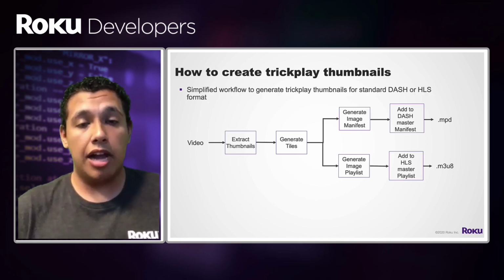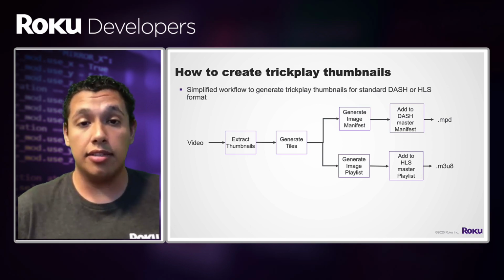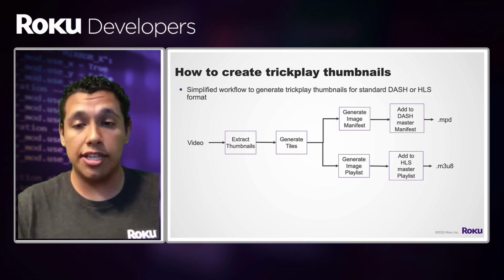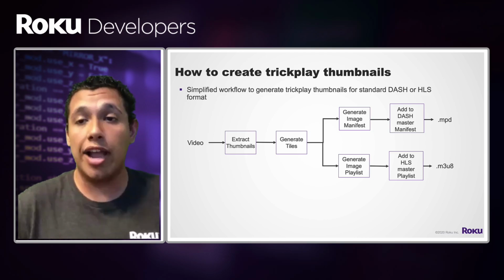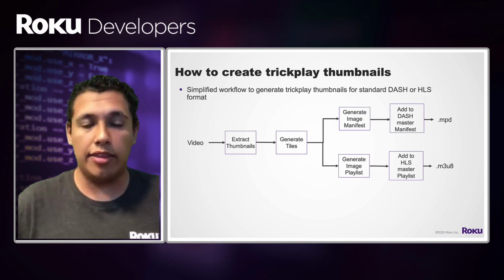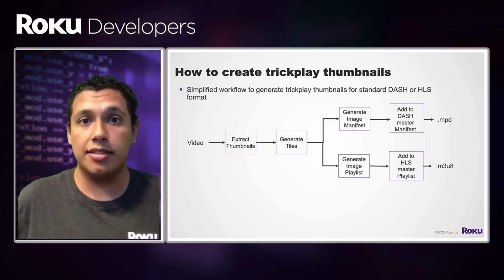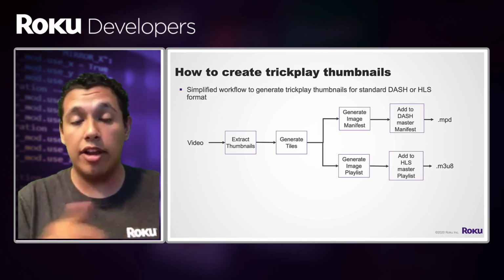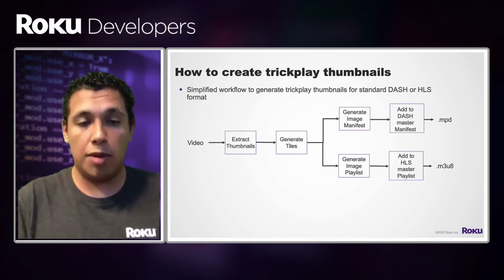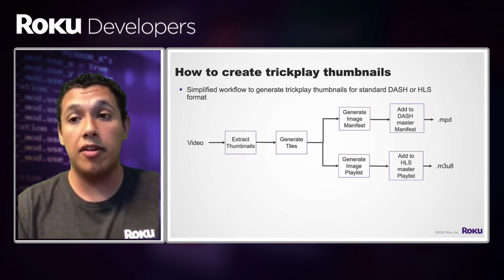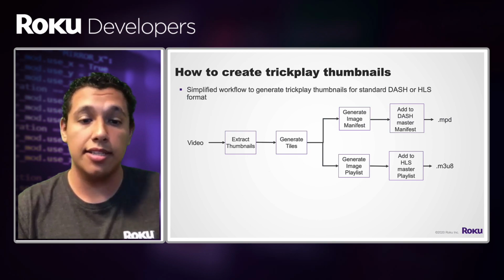So a bit about how our video pipeline goes, or how to create these Trickplay thumbnails. In your pipeline, you have your actual video source, and what you need to do is extract the thumbnails in certain increments, whatever you're incrementing for the scrubbing to go through. So every 10 seconds you might want to create a thumbnail for that piece of content.